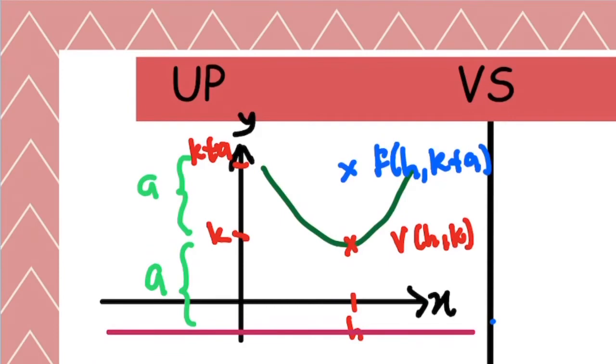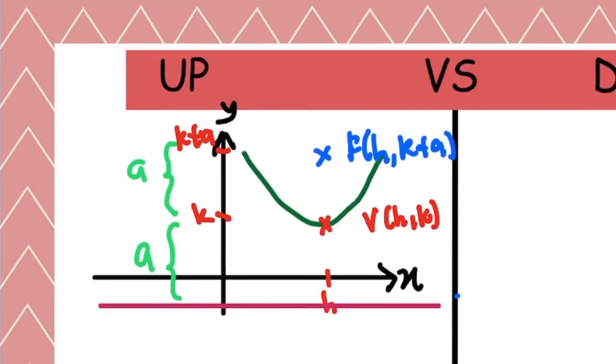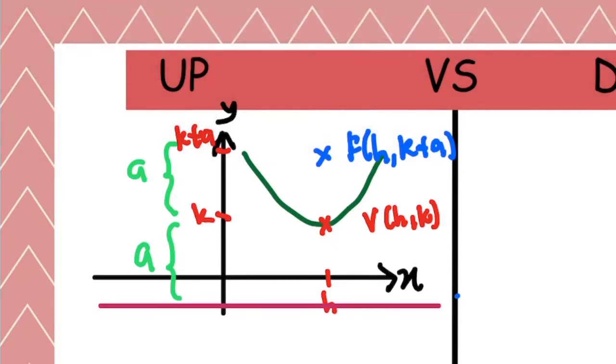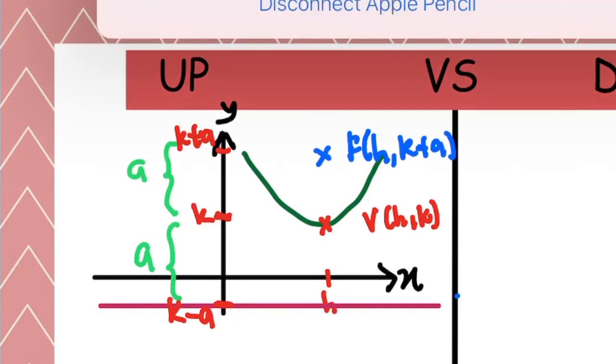You can have the backbone at the back of your vertex. From your vertex, we'll go back with a distance of A. How about the coordinate? This is originally K. You have gone down as much as A. Therefore, when you go down, you need to minus. Therefore, the coordinate is K minus A.